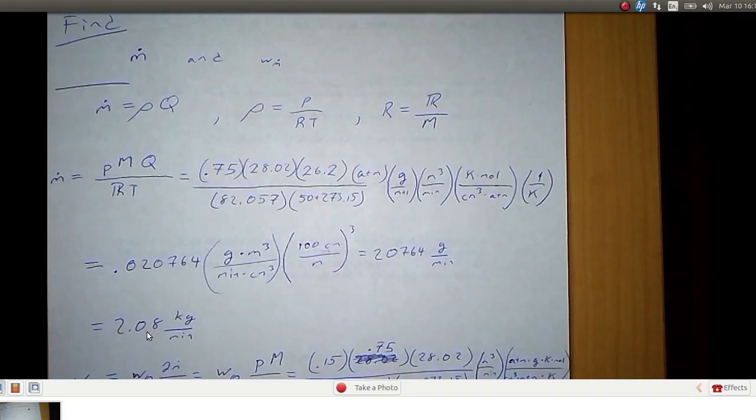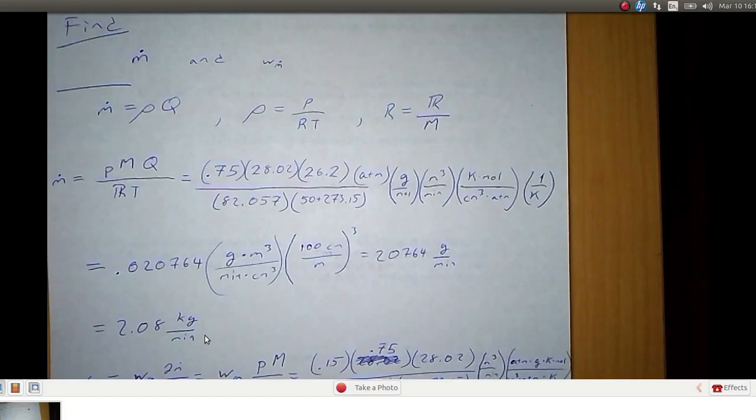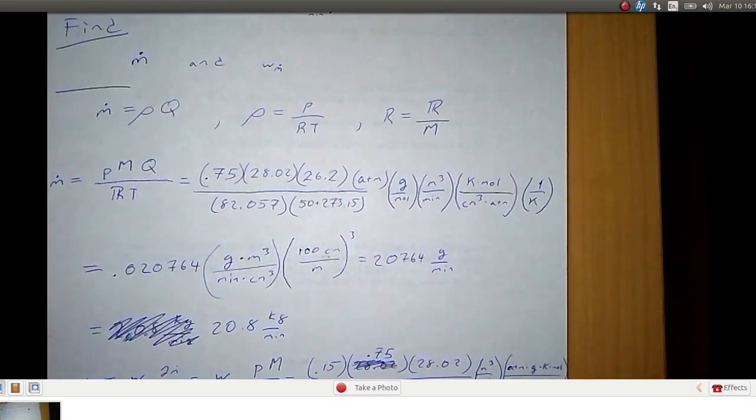I mistakenly put 20.8 kilograms per minute, but it should be 20.8. So let me go ahead and fix that. Now that that mistake is corrected, we have that the mass flow rate is 20.8 kilograms per minute.